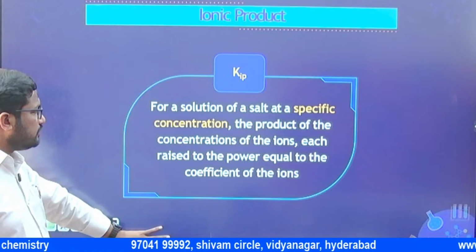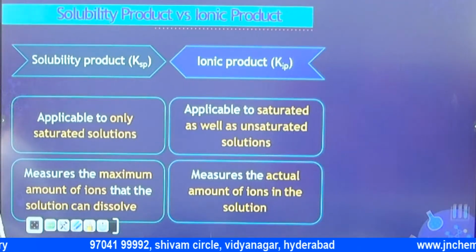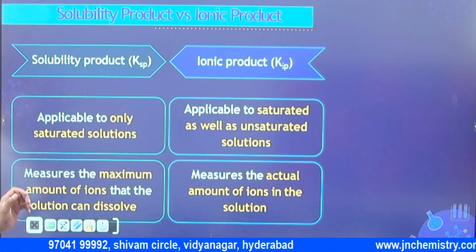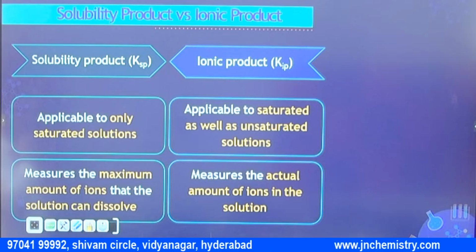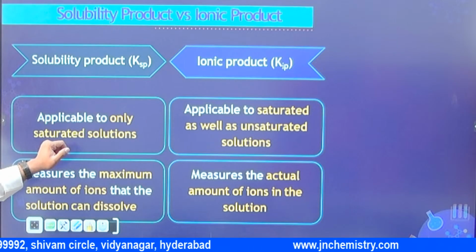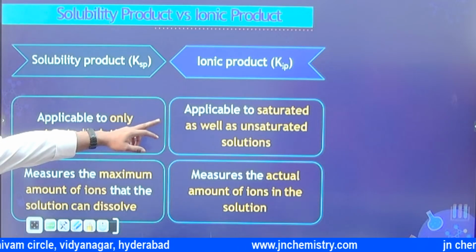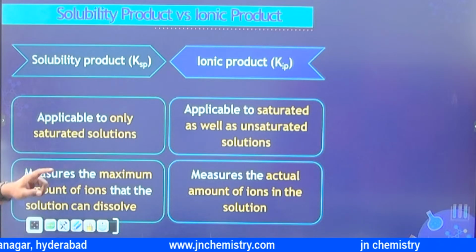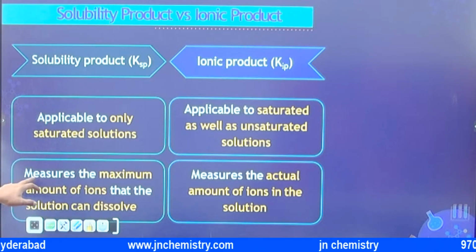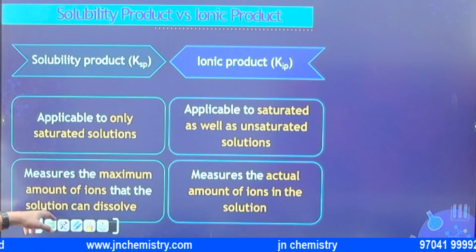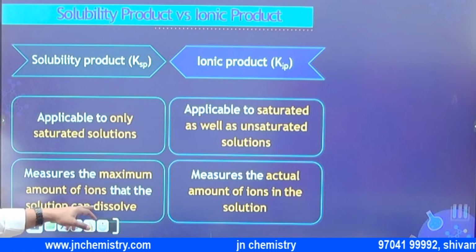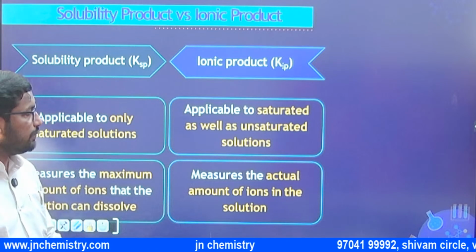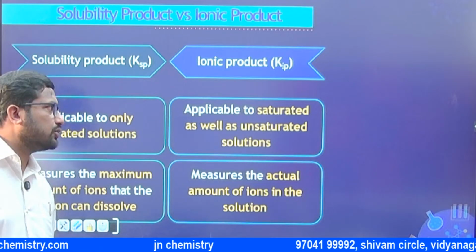See, solubility product is applicable only to saturated solutions, while ionic product is applicable to saturated as well as unsaturated solutions. Solubility product measures the maximum amount of ions that can be dissolved in the solution, whereas ionic product measures the actual amount of ions present in the solution.